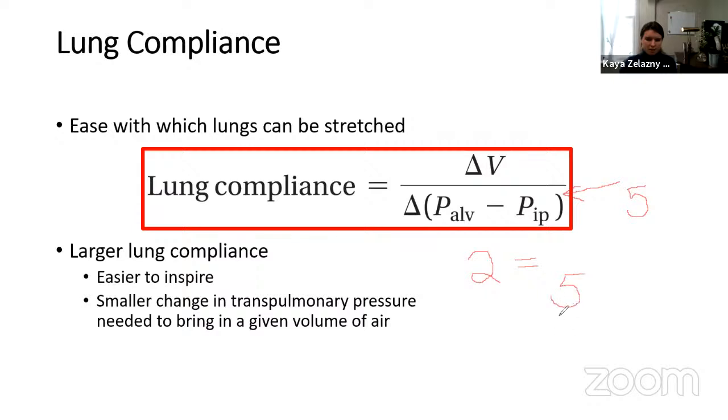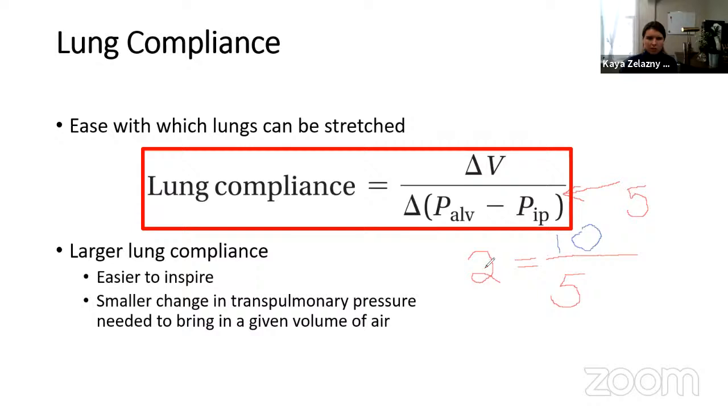I know I didn't put units anywhere, that's on purpose because we don't want to bother with conversions like we do in phys lab if we have real numbers. If we fixed the difference in pressure at 5, and this lung compliance is 2, we know the change in volume has to be 10.